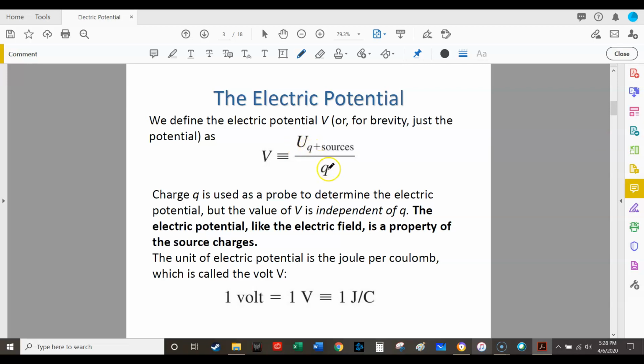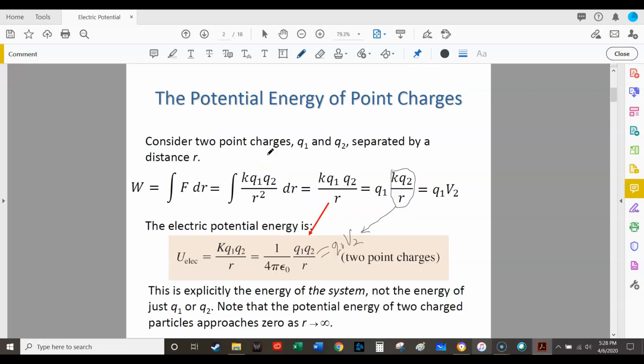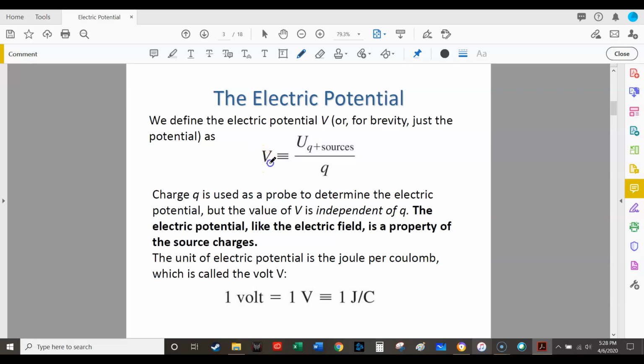That source charge is going to be working on a charge, and that is a voltage. So this is going to be the Q due to a source charge, and bringing this other Q up top here, we have QV. So the source charge is creating a voltage, and it's going to be working on our test charge Q, and that is going to be creating a potential energy. So I just brought it up there.